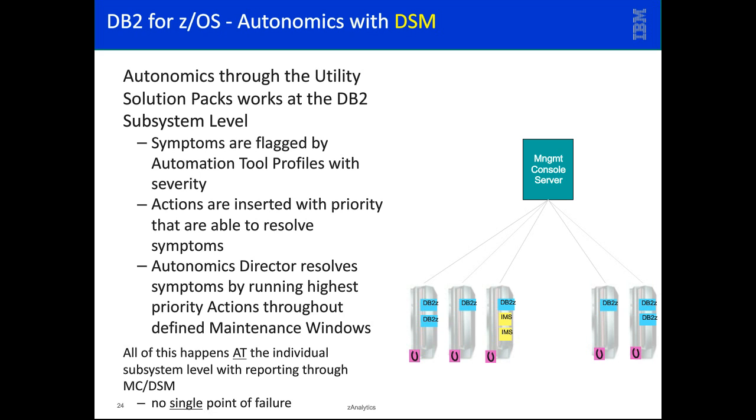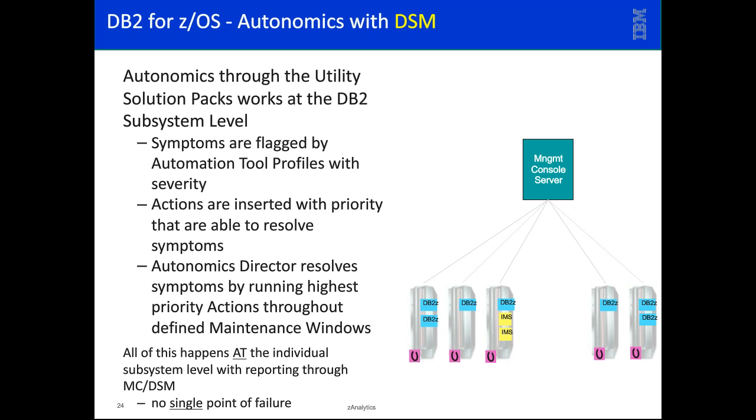We will then prescribe an action with a priority to fix those symptoms. And then, if you want us to, optionally have the Autonomics director resolve those symptoms. For example, if we determine that a table space needs to be reorged, we will then advise you via an action to reorg that, and we can actually run it if you want us to. So all this we want to do via the management console DSM interface.